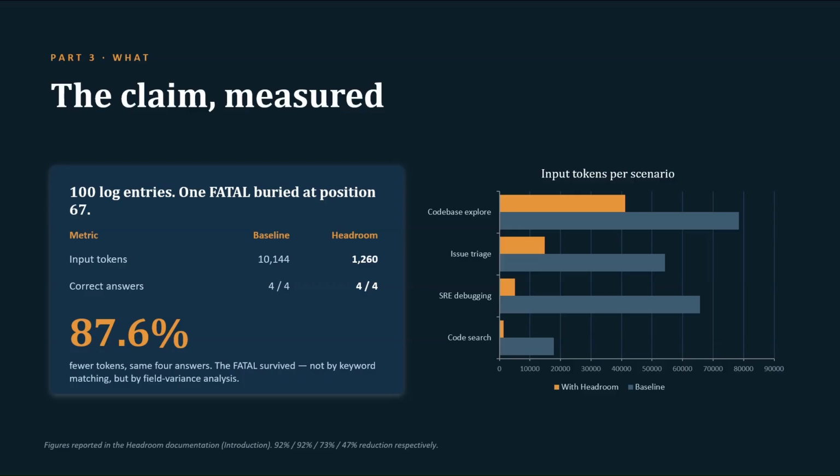In this way, we reduce the 10,144 baseline to about 1,200. The LLM can understand in both ways and give the correct answers. They also tested it, and correct answers are 4 by 4, with Headroom after compression also 4 by 4. We can compress cost by 87%.